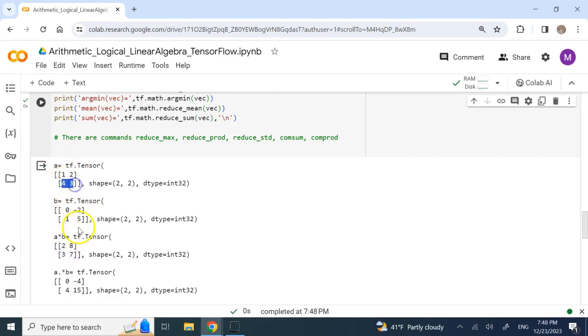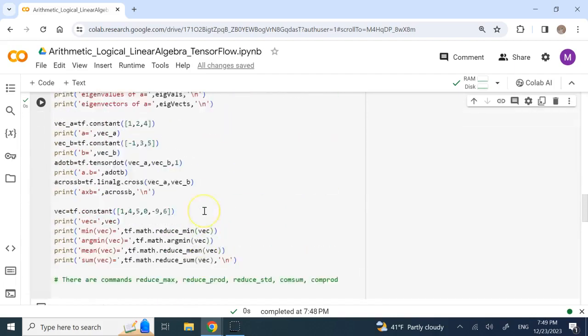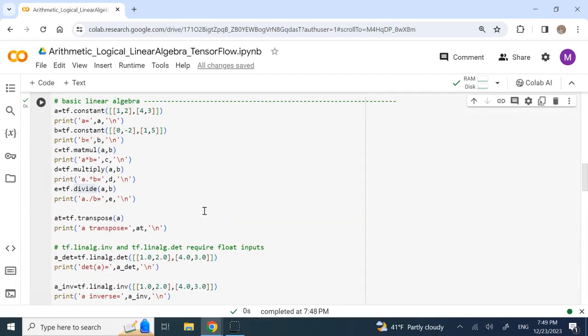Or second row, let's say, times second column, 4 times -2 plus 3 times 5, that's 15 minus 8, that's what? 7. So you see, it is real matrix product, but if I want to do element by element, so 1 times 0, that's a 0, right? 2 times -2, that's a what? That's a -4. And division, you see here, when I'm dividing 1 by 0, I get a what? I get an infinity. Okay, so these are some basic things.